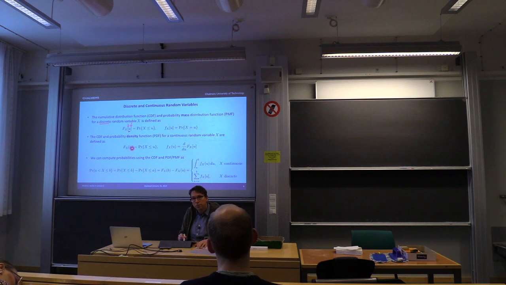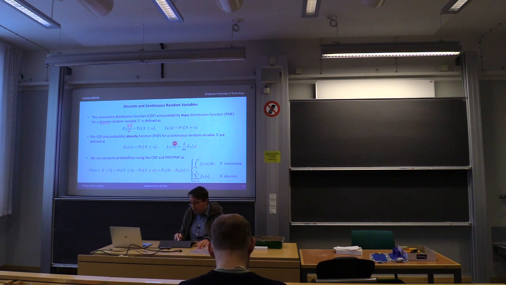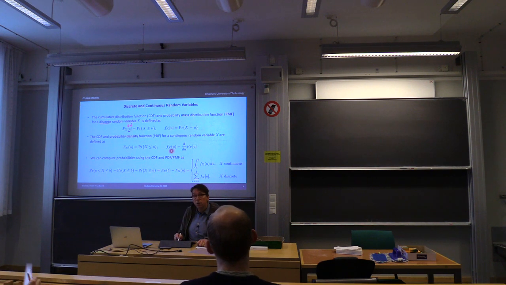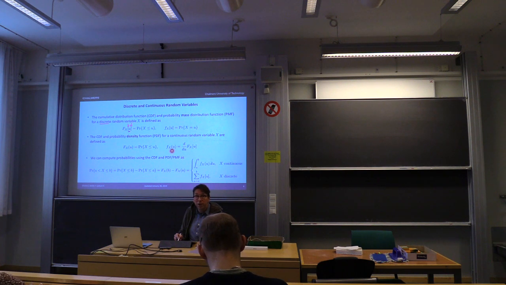So one should not interpret the PDF, probability density function, as a probability, because the PDF could be above 1. It could be more than 1, for instance. That's clear. And there is no probability higher than 1. It's always a positive number, by the way.